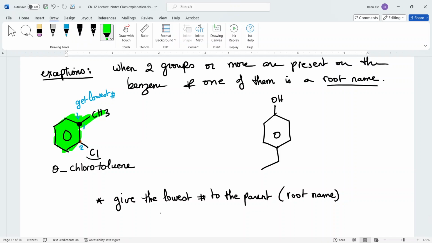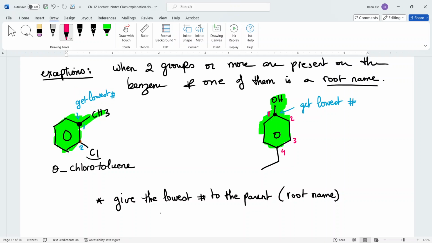Same thing, phenol. So phenol is considered to be a common root in there. This means that I would need to give the carbon of the OH the lowest number. So that carbon is going to get the lowest number. And then when I number, it's going to be 1, 2, 3, and 4.